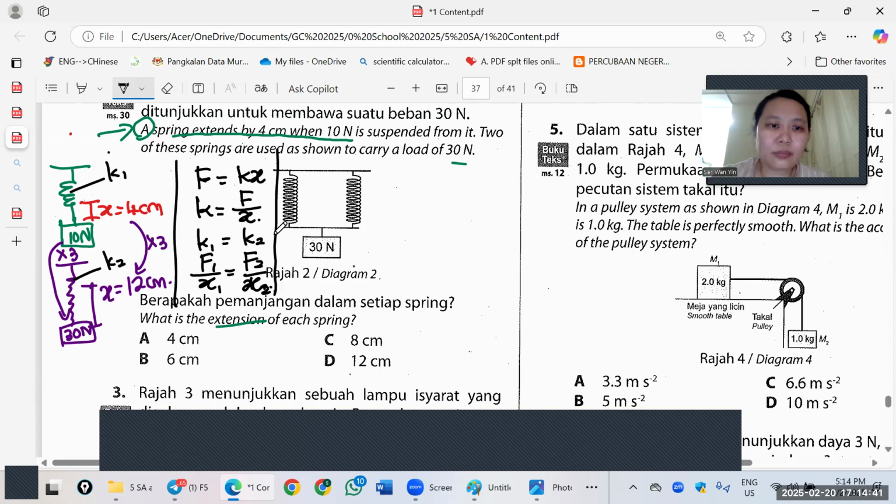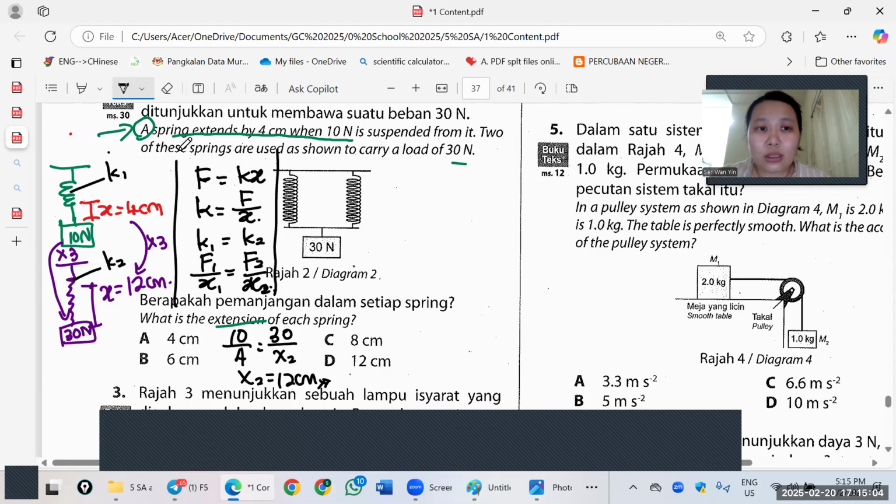Substitute F1 is 10, X1 is 4, F2 is 30, and X2 is how much? Do your cross multiplication, arrange them, and you will get 12 cm also.